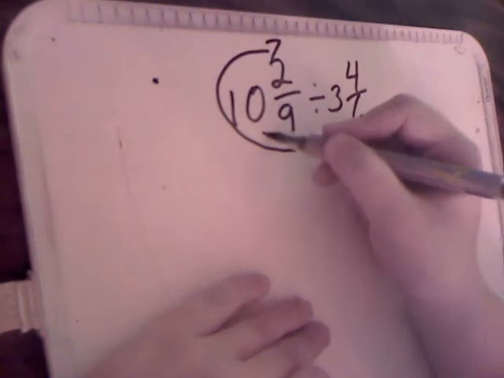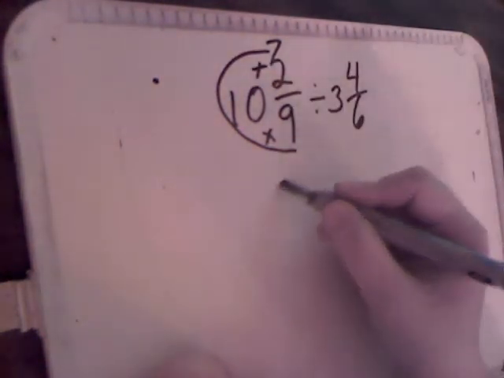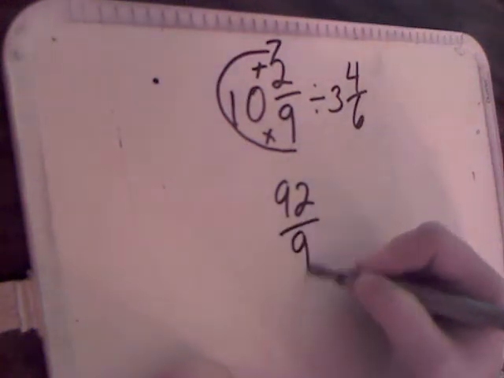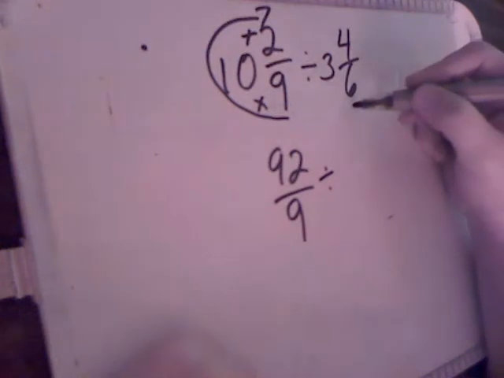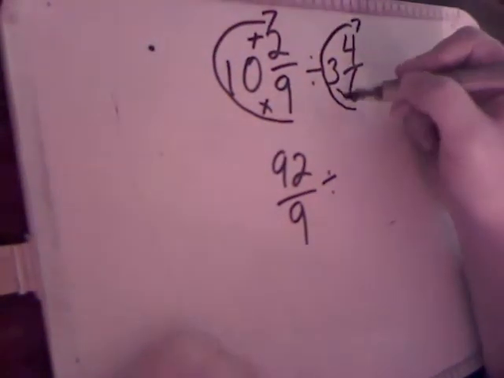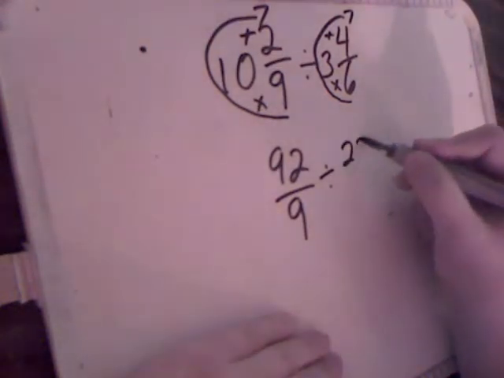So we're going to take 9 times 10, which is 90. We're going to add 2 to that, which is 92 over 9. Keep the division sign for right now, and do the backwards C here. 6 times 3 is 18, plus 4 is 22 over 6.